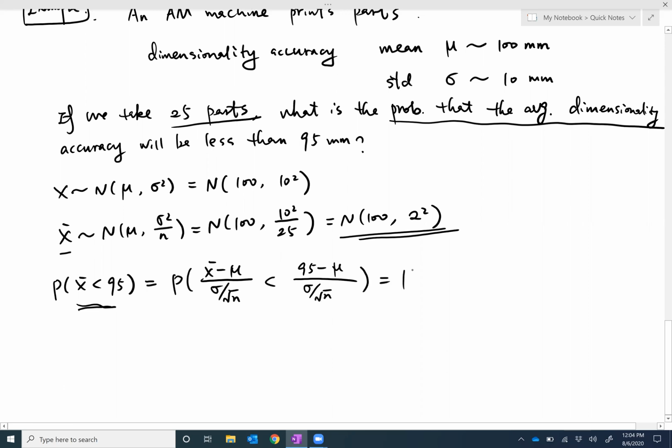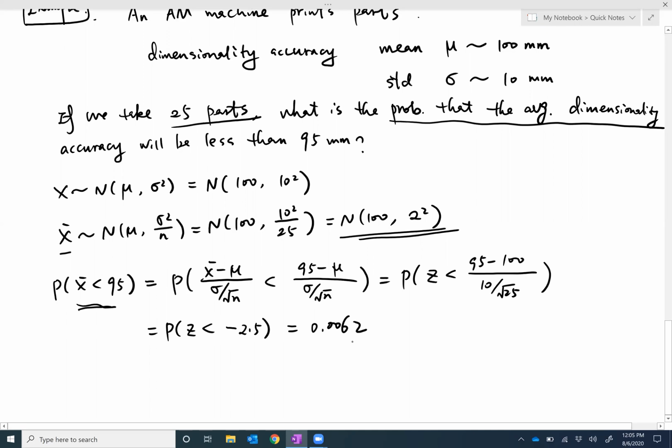This equals the probability. This will become Z, right? This is a standardization. Less than 95, we know mu is 100. Sigma over square root of n is sigma 10 over square root of 25. So this will become the probability Z less than minus 2.5. So this will equal 0.0062.